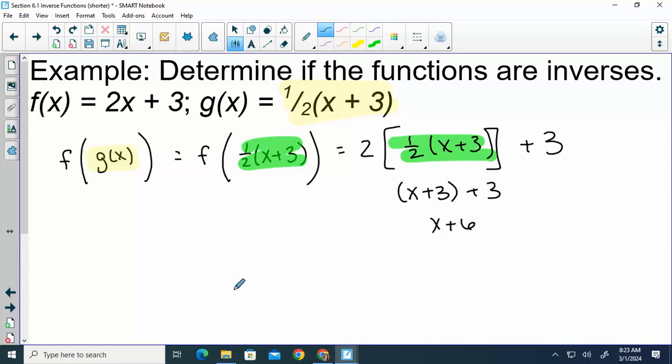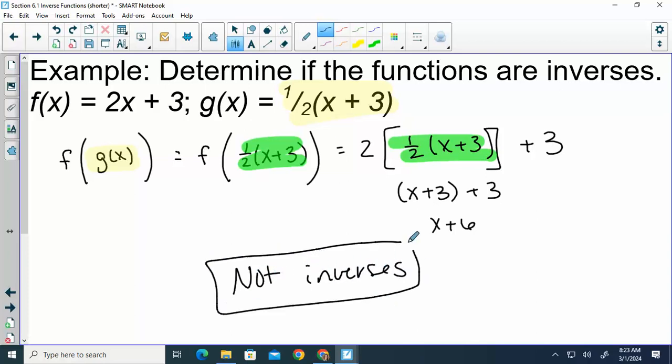What does that mean? Not inverse. I don't even have to bother checking the other one because I did not get an x here. Is that okay?